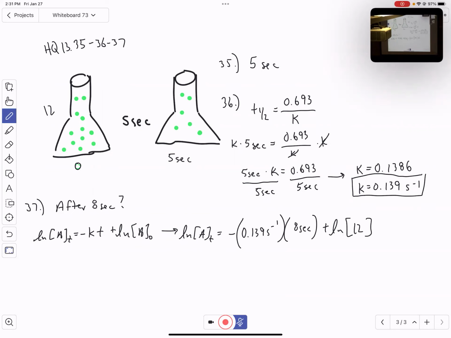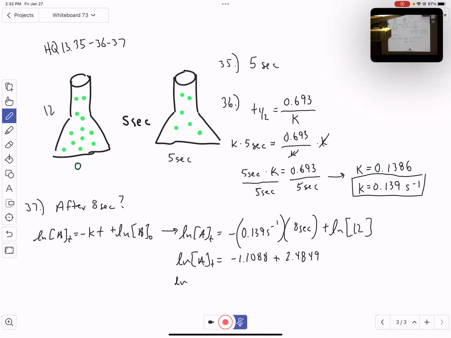So we go through: the natural log of concentration at time t equals, times 8 seconds, I get a negative 1.1088 plus the natural log of 12, which is 2.48.